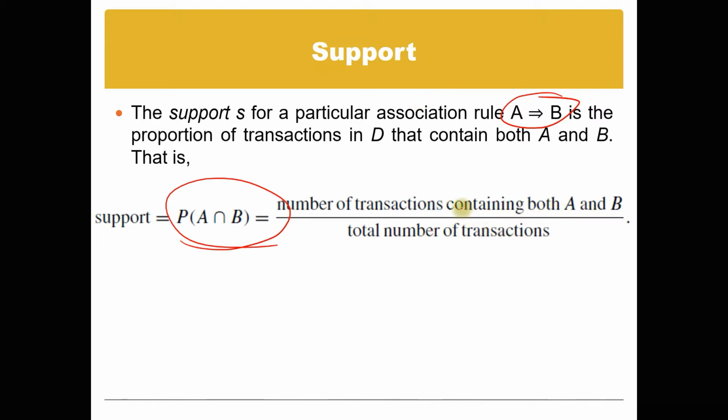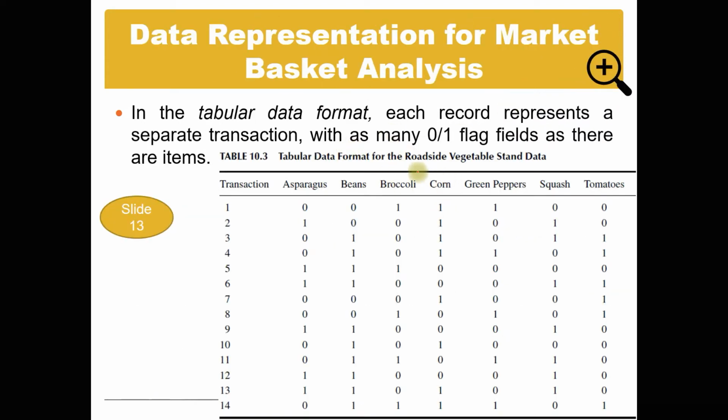Let's take the example that we had here. For example, we'll look at broccoli and corn. If I buy broccoli, then buy corn. This is our rule. And what is the support? The support is the probability of B intersection C, as we just learned.